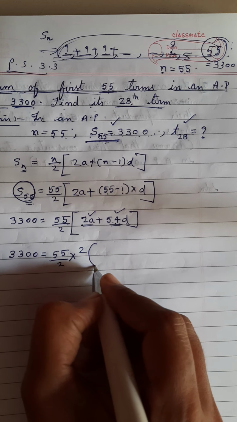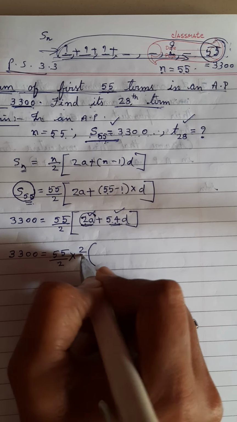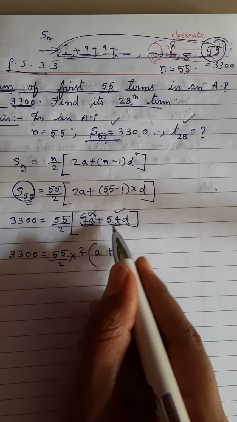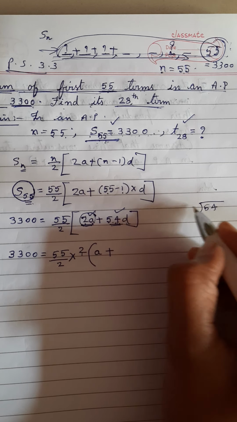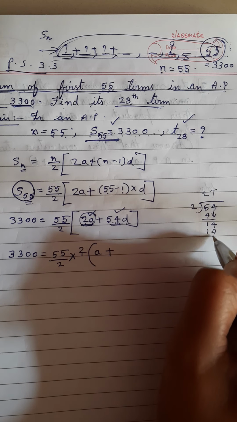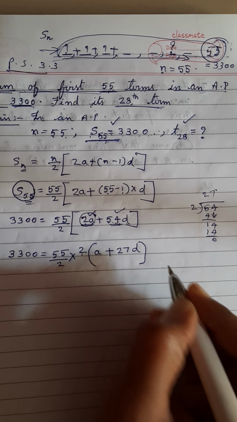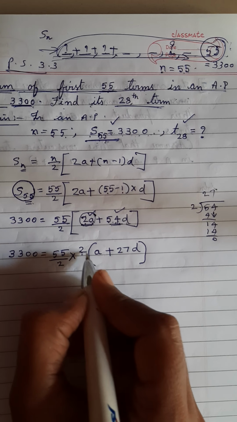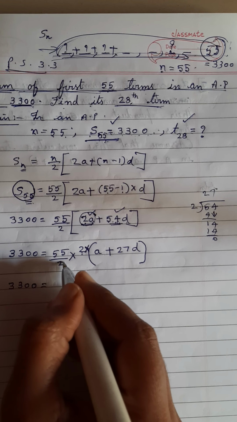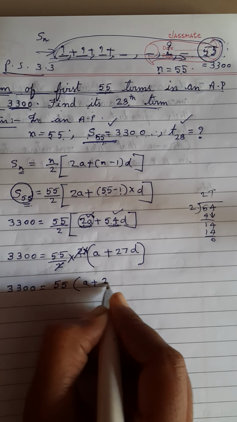Inside the bracket what remains? a plus, 54 divided by 2 is 27, so 27d. A bracket means multiplication, so we can cancel this 2, and 3300 is equal to 55 into a plus 27d.